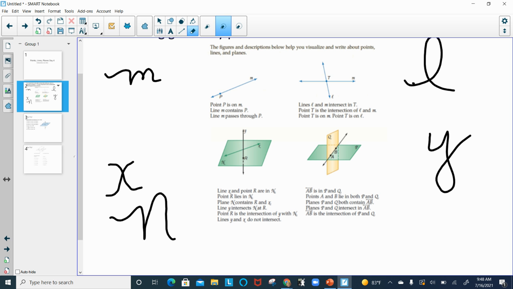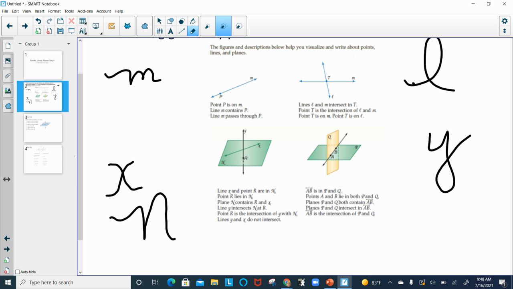So there are lots of ways of describing what's happening here. Here we have line X and point R are in N. So they're in the green surface area. Now, all of line Y is not in N because some of it's above and some of it's below.